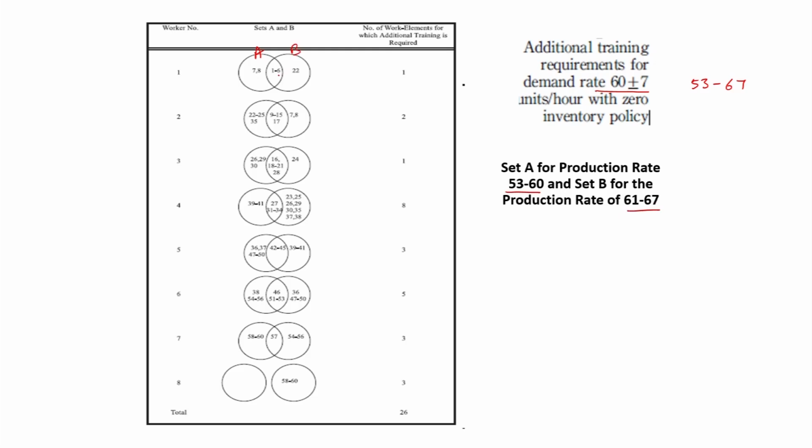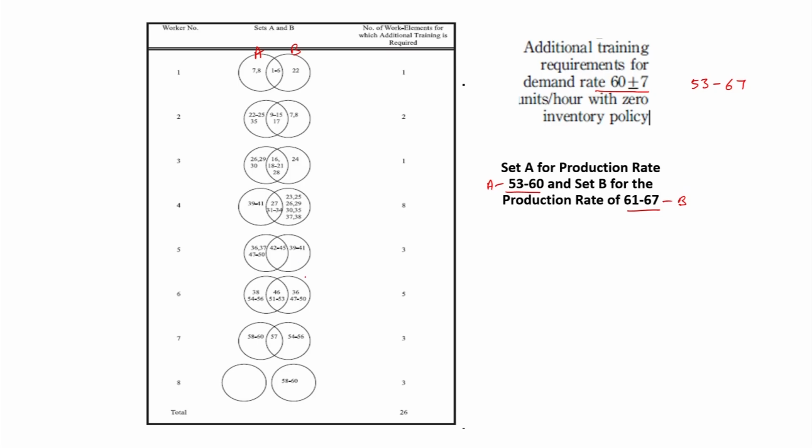For a production rate of 53 to 60, elements 1 to 8 are coming on workstation number 1, but if we increase the production rate, elements 1 to 6 and 22 are coming on workstation number 1. In that way we have determined which elements will come on workstation number 2 for a production rate of 53 to 61, that is set A, and 61 to 67, that is set B.